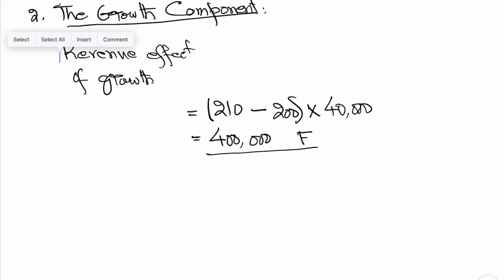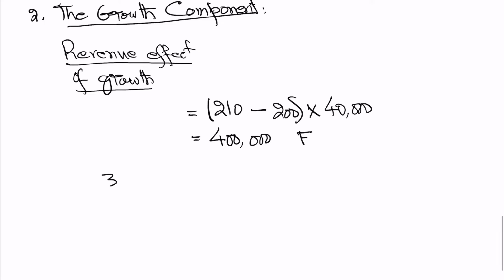So we calculate it as 300,000 divided by 200 into 210, so we get 315.